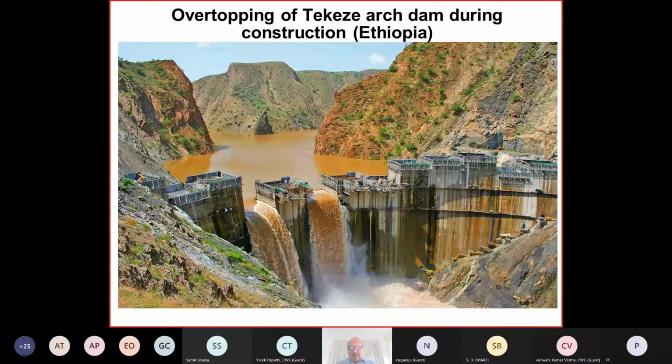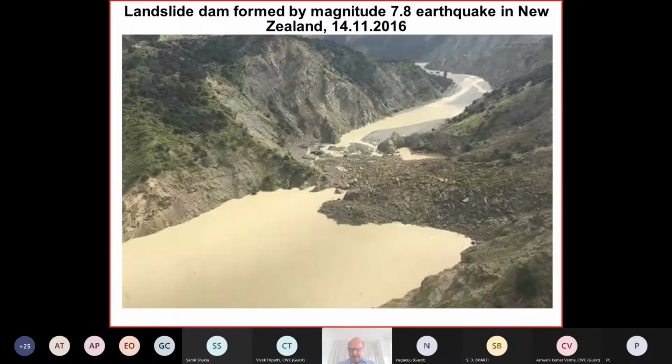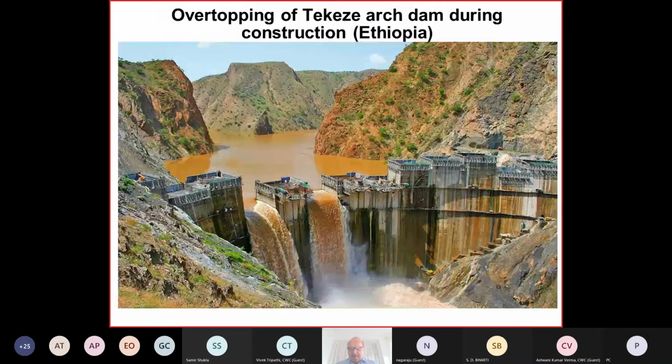It is the Tekeze arch dam in Ethiopia. It is located in this problem province in Tigray. This is the highest arch dam in Africa, about 186 meters high.